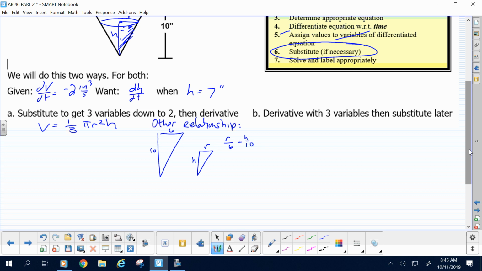Because that's what you want, H. I mean, you have facts about H. You want the equation to be all H, not R. So you want to put in R is 3/5 of the height into the equation, so that this equation, instead of depending on R and H and having this terrible product rule derivative, can be rewritten as pi over 3, R squared is cool, and I'm looking at maybe 3H over 5.